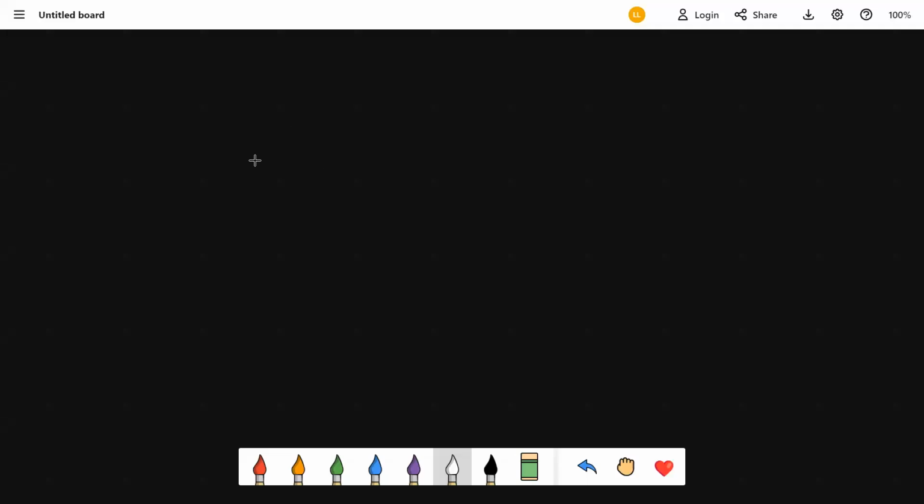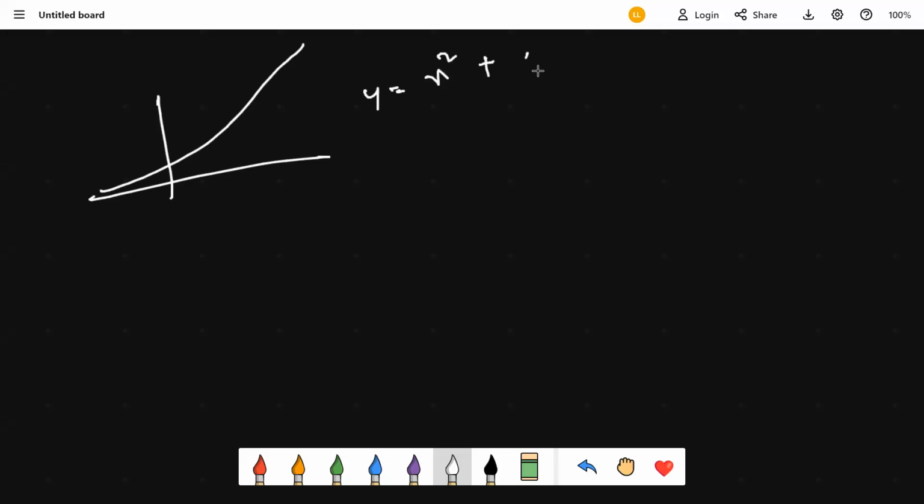Let's say we have an expression y equals x squared plus 4x plus 4. Okay, this is the equation given for this curve.